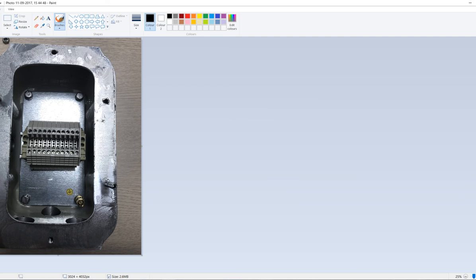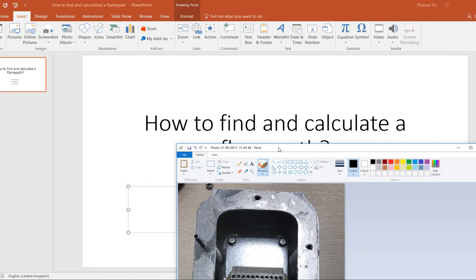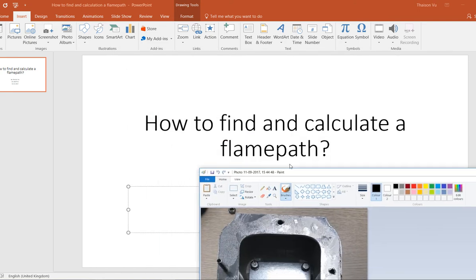I assume that you know what the EX flame path and gap is. I'm going to show you how to find and calculate the flame path.